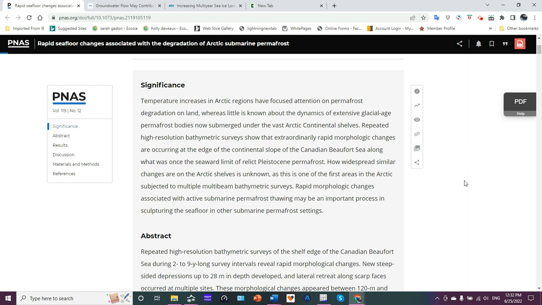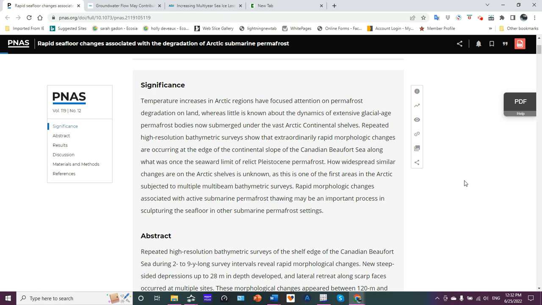Repeated high-resolution bathymetric surveys show that extraordinarily rapid morphologic changes are occurring at the edge of the continental slope of the Canadian Beaufort Sea along what was once the seaward limit of relic Pleistocene permafrost.